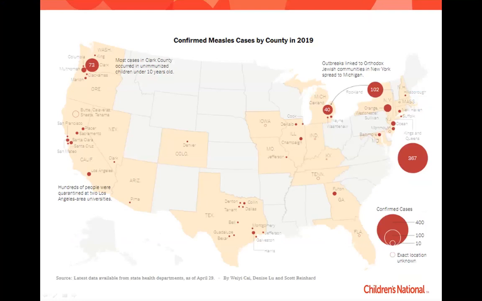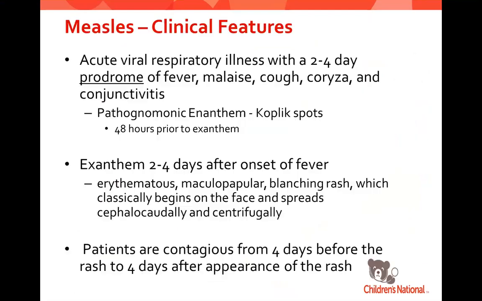You can see that there have been cases of measles scattered all across the United States, with the biggest outbreaks being in Washington State and Oregon on the West Coast, and then on the East Coast, our neighbor in New York with 102 cases in Rockland County, and then between Kings County, where Brooklyn is, and Queens County, where Queens is, 367 cases. But this is just a great resource for kids that come to clinic that may have traveled, or you can just pull it up and see where we're worried about measles right now in the United States.